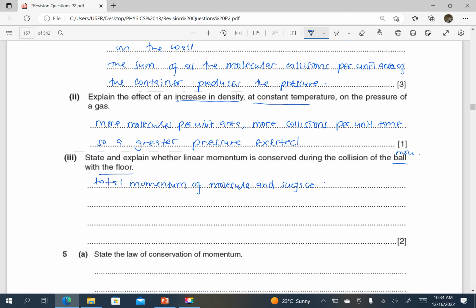So total momentum of the molecule and the surface before is equal to total momentum after collision.